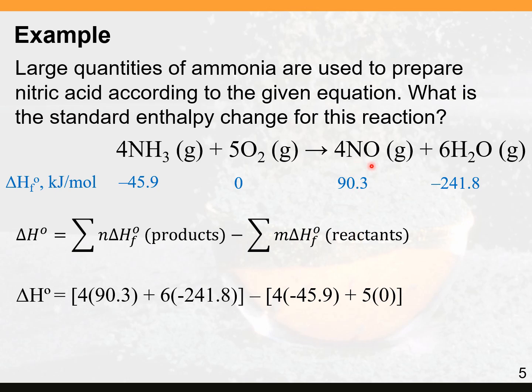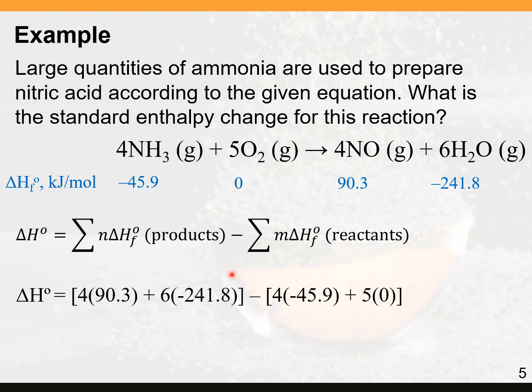Our products are nitrogen monoxide and water. For nitrogen monoxide, we enter 4 times 90.3, 4 times its standard enthalpy of formation, plus 6 times the standard enthalpy of formation of water. This makes the first section of our equation.